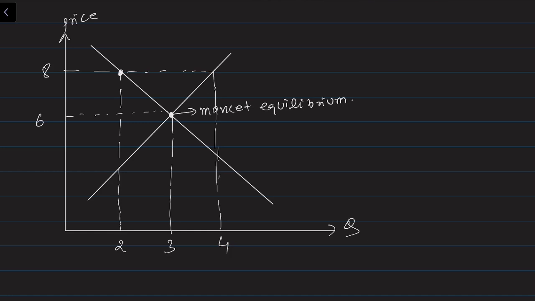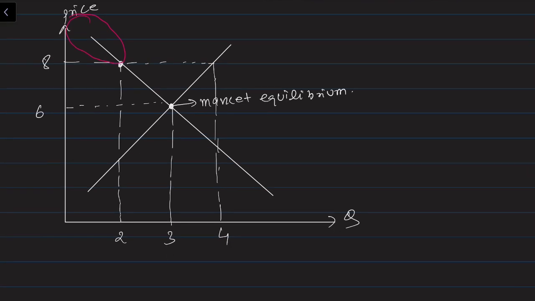So now my question is, who are the people who will buy the good in the market? Only these people, right? Because they have the willingness to pay more than the current market price, that is $8. And now who are the people who want to sell in the market? These people, right?